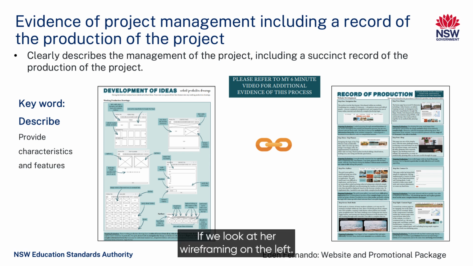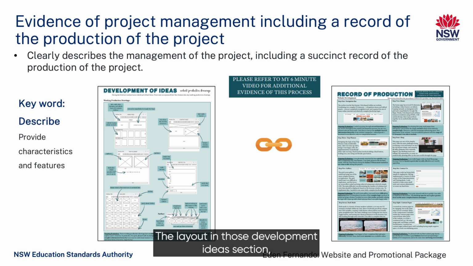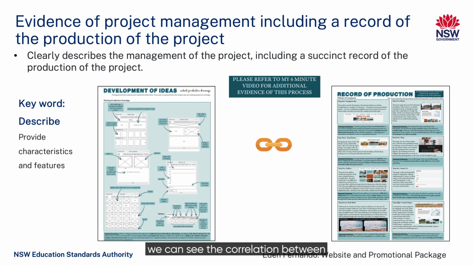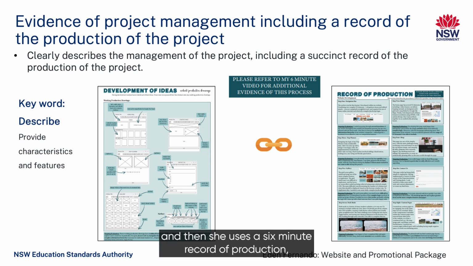If we look at her wireframing on the left, the layouts in those development ideas section, we can see the correlation between following this planning. And then she uses a 6-minute record of production media to accompany her record of production. So it's greatly assisting in the production criteria, links between planning and production, as well as hitting that top descriptor for record of production.